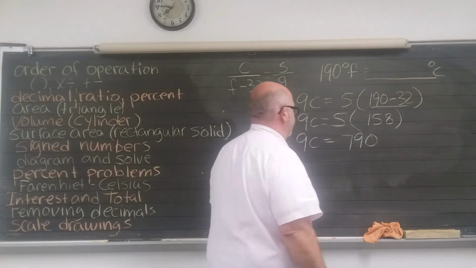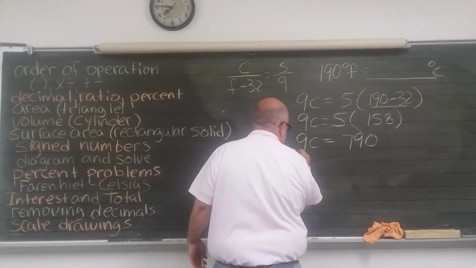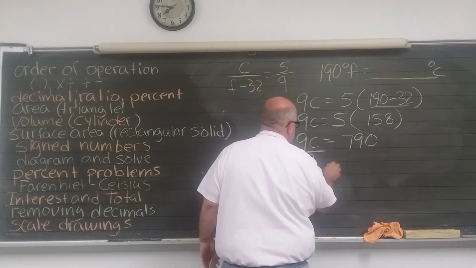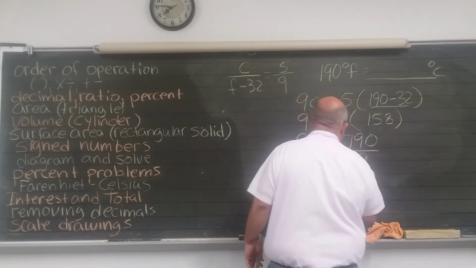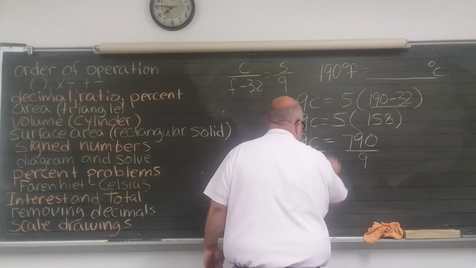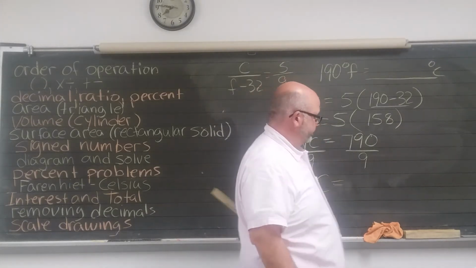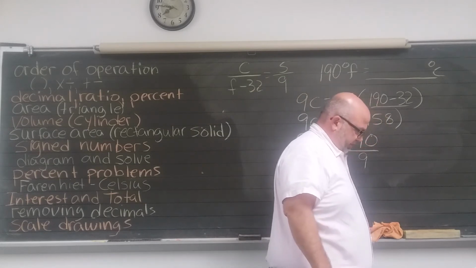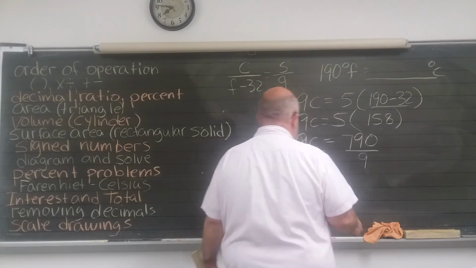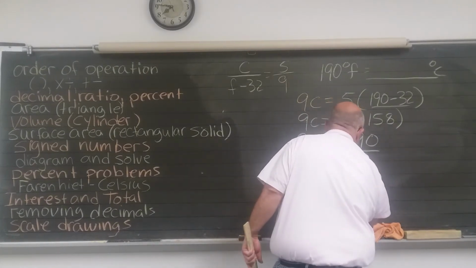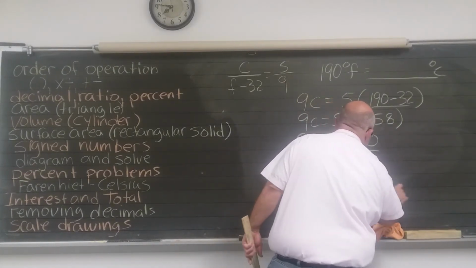Now you're ready to divide. Divide by 9 on both sides. All you have left over here is C. C equals 790 divided by 9, rounded to the nearest whole number, is 88 degrees Celsius.